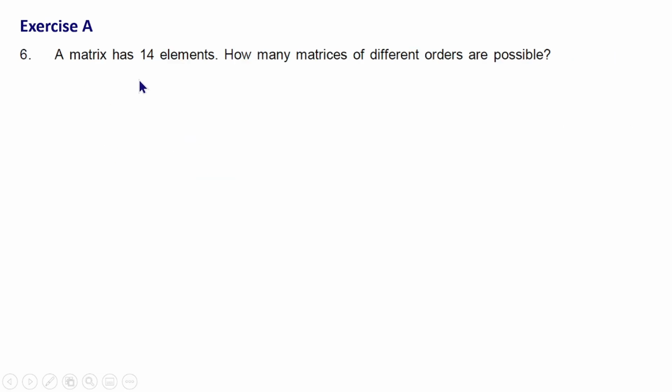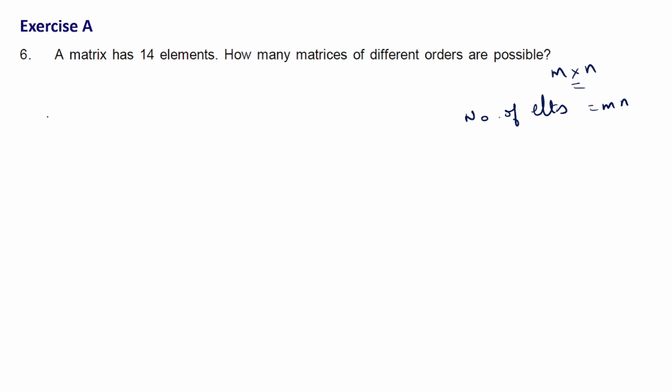Next question, a matrix has 14 elements. How many matrices of different orders are possible? Usually a matrix is of order m by n, and the number of elements in a matrix of order m by n is mn. So here we have 14 elements, and we have to see the different ways of getting the number 14.